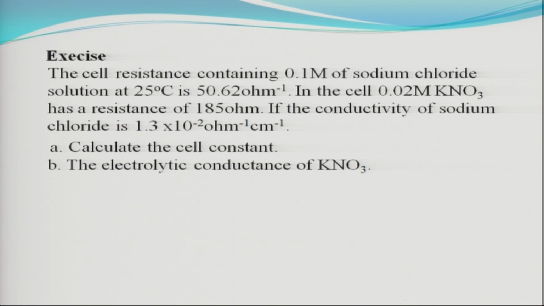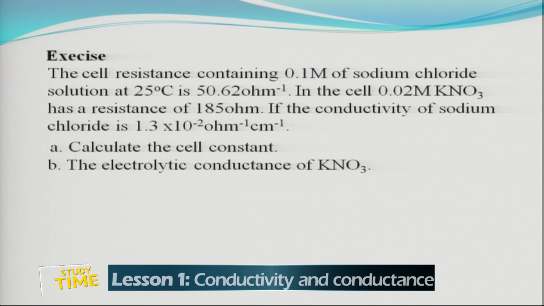Then the cell of 0.02 molar potassium nitrate has resistance of 185 ohms, if the conductivity of sodium chloride is given. Again, they are asking us to calculate the cell constant. We have seen how to calculate the cell constant, so you're going to try it out. Then also the electrolytic conductance.